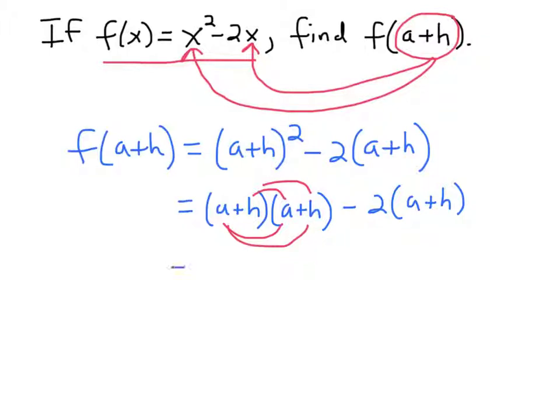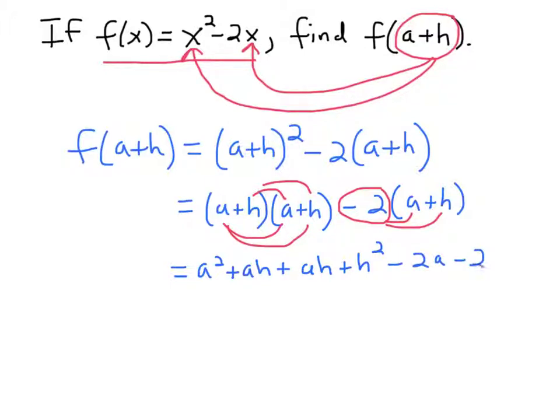And that would give us a squared plus ah plus ha, which is the same as ah, plus h squared. And then when we distribute this negative 2 through this second set, we'll have minus 2a and minus 2h.